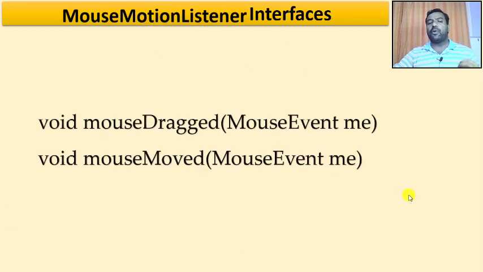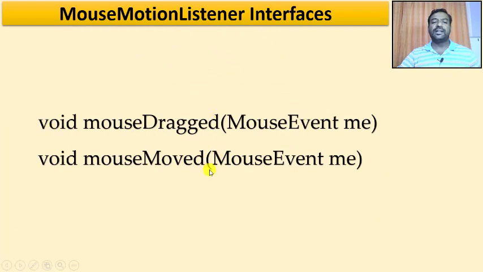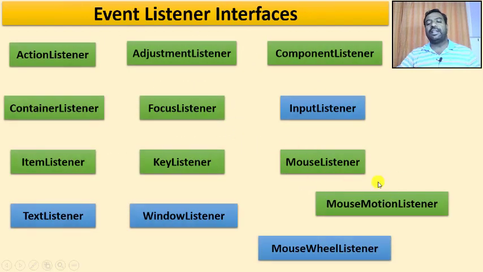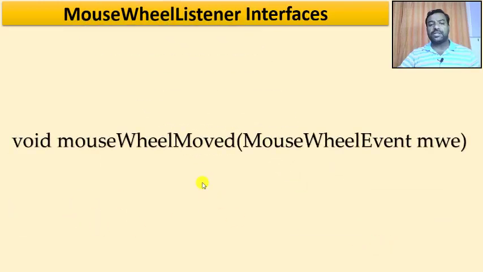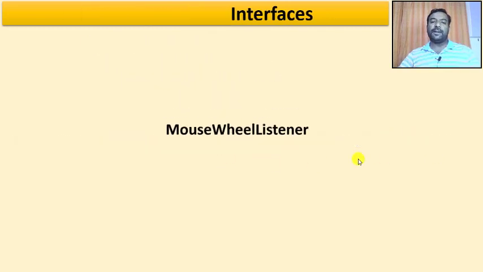The mouse motion listener has 2 methods, mouse dragged and mouse moved, which should also be defined if you are implementing it. The mouse wheel listener has one method, mouse wheel moved, with an object of the event class mouse wheel event.